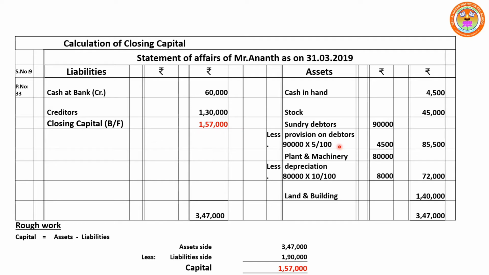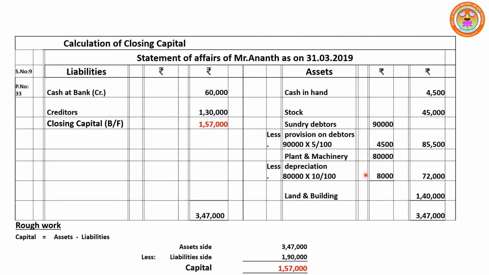That means this 4,500 may be received or may not be received. So this will be the loss for the business. So instead of receiving 90,000 from sundry debtors at year end, we are going to receive 85,500 only. So deduct these two amounts. Remaining balance amount will be written in the outer column, sundry debtors year end value.